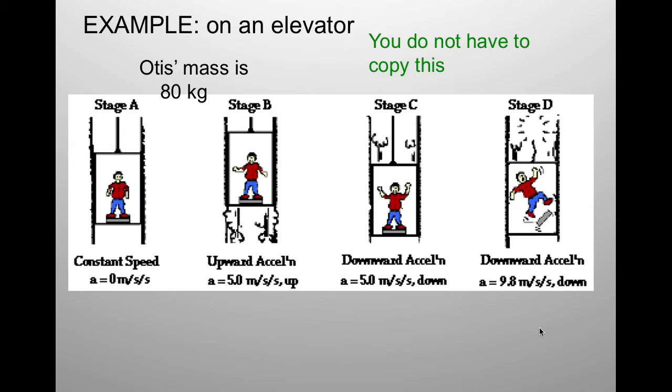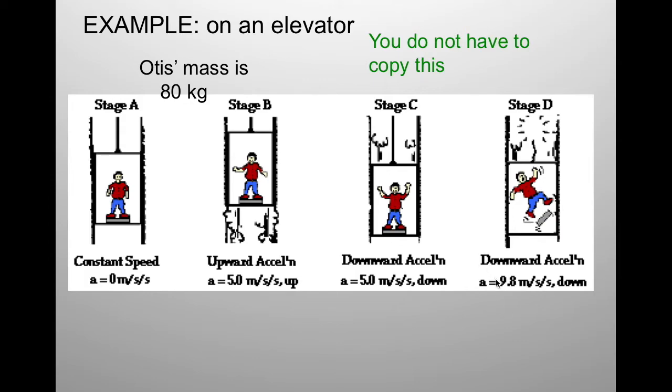So here's an example that you don't have to write down, but we are going to use this in the next few slides. So here is Otis, and his mass is 80 kilograms, and he is standing still, he's at rest on the elevator. Stage B, he is experiencing a 5.0 meters per second squared acceleration up. Down here, in stage C, we have a 5 meters per second squared acceleration down.